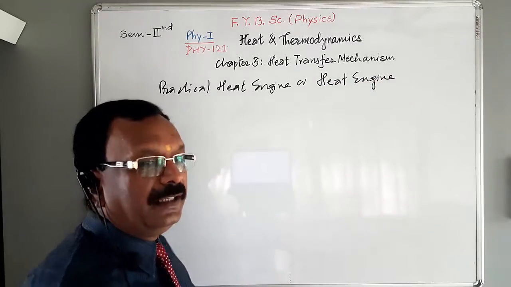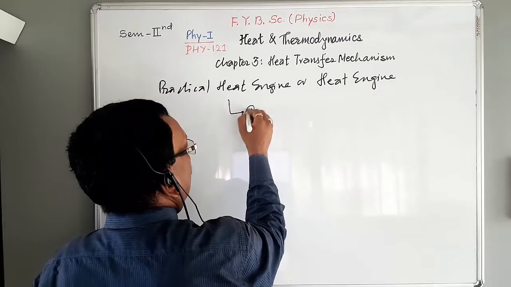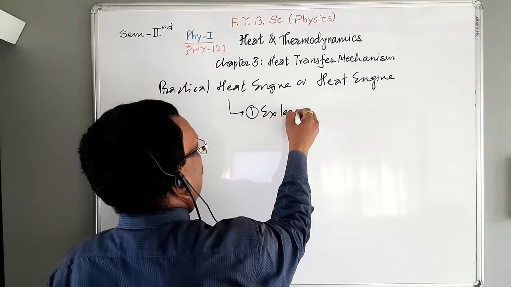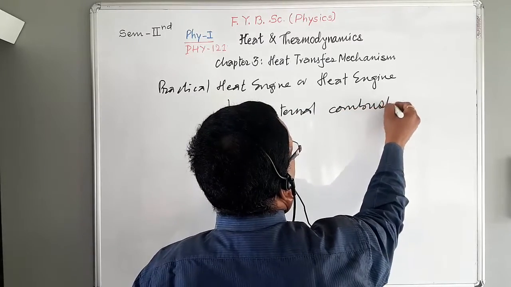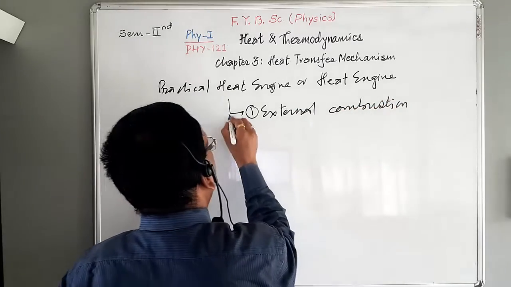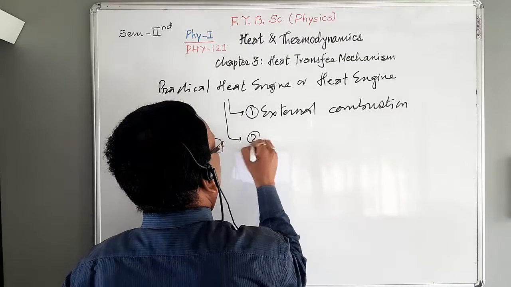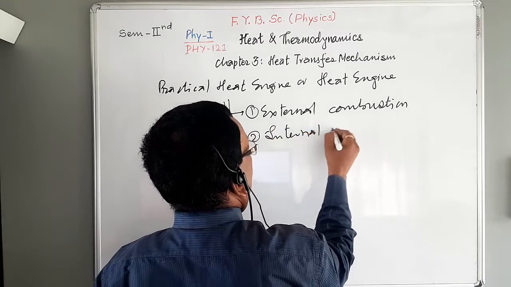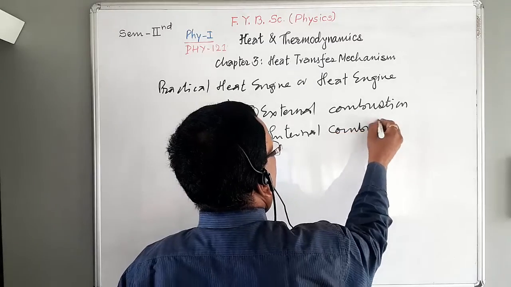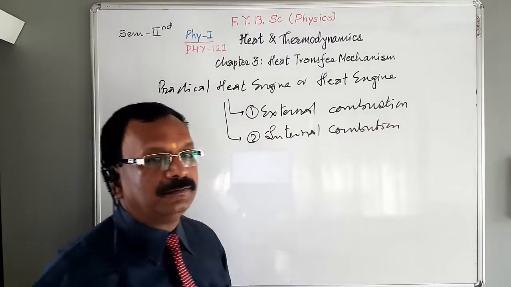There are two types of practical heat engine. First one is the external combustion heat engine, and second one is the internal combustion heat engine.